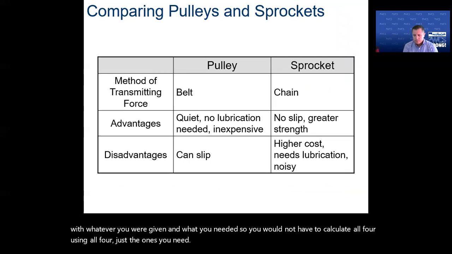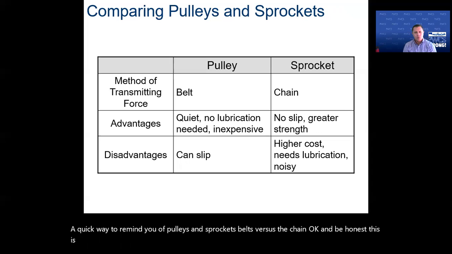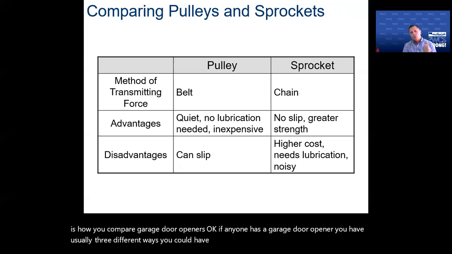All right. A quick way to remind you of pulleys and sprockets, belts versus the chain. And to be honest, this is how you compare garage door openers. If anyone has a garage door opener, you usually have 3 different ways. You could have a pulley or a chain or a big long screw. All those will do the same thing.